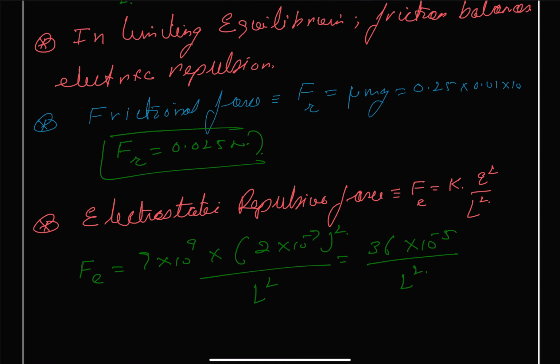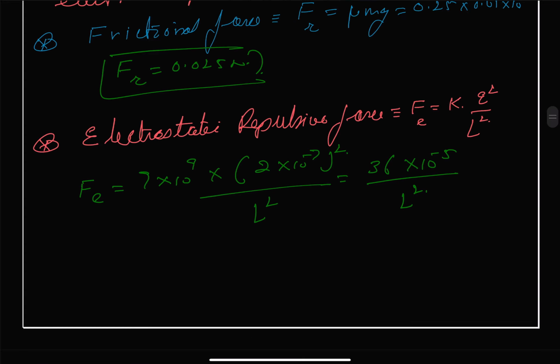Therefore, we can equate them. Our Fr should be equal to Fe, which gives us 0.025 is equal to 36 into 10 to the power minus 5 divided by L square.